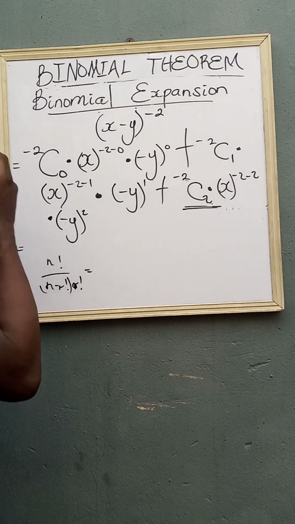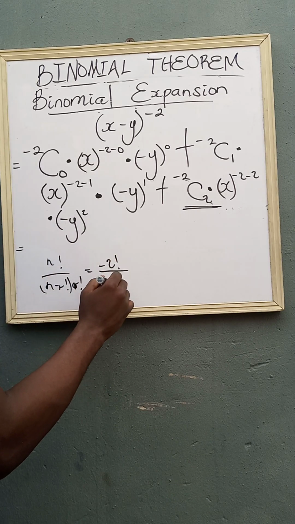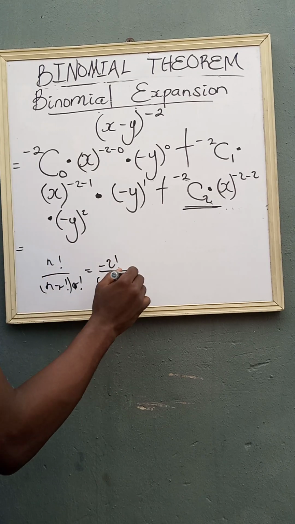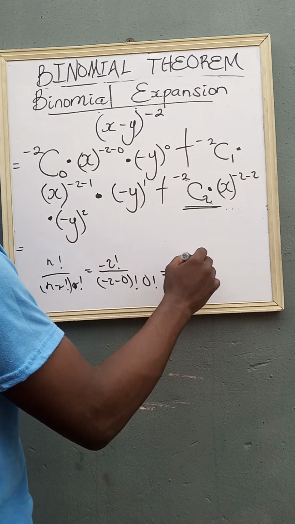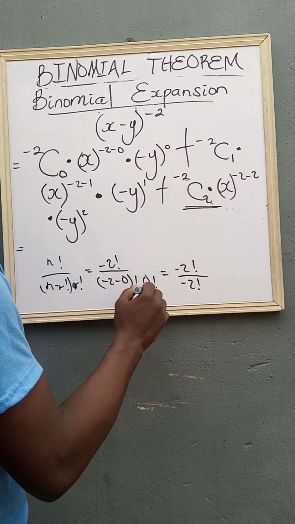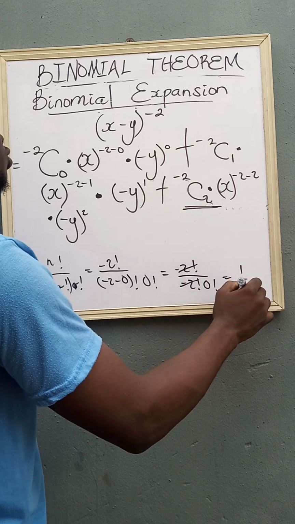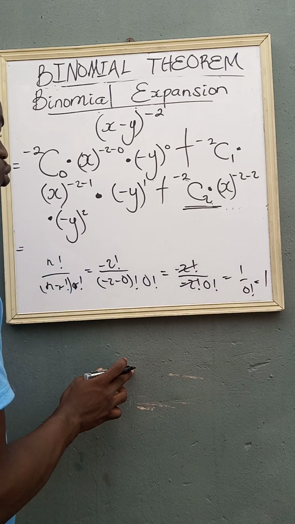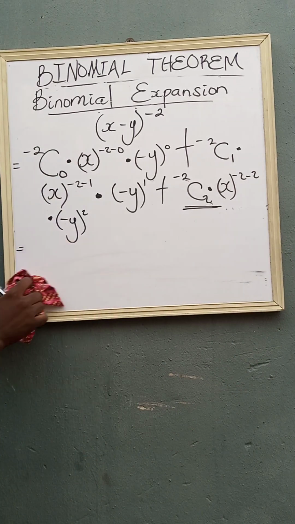So this is minus 2 factorial over minus 2 minus 0 factorial, then 0 factorial. Minus 2 minus 0 gives minus 2 factorial. This cancels this, I have 1 over 0 factorial, which gives 1.